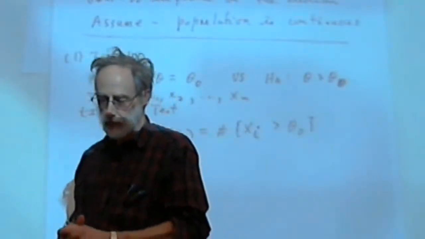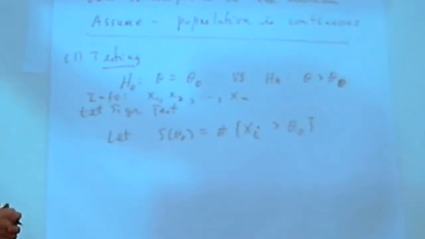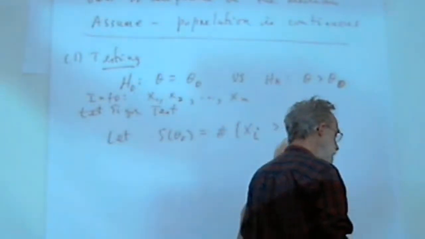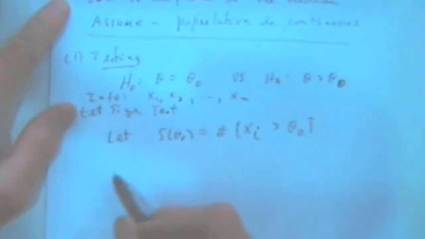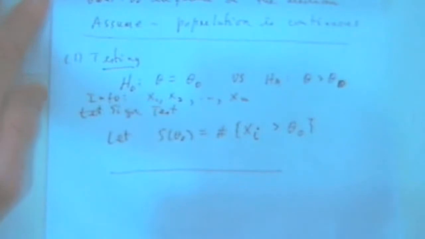Okay, that's a sign test. It's very simple. You just count the number of observations above theta naught. And if the number of observations above theta naught is around n/2, why would you ever reject? That's about what you would expect if theta naught's the median of the population.